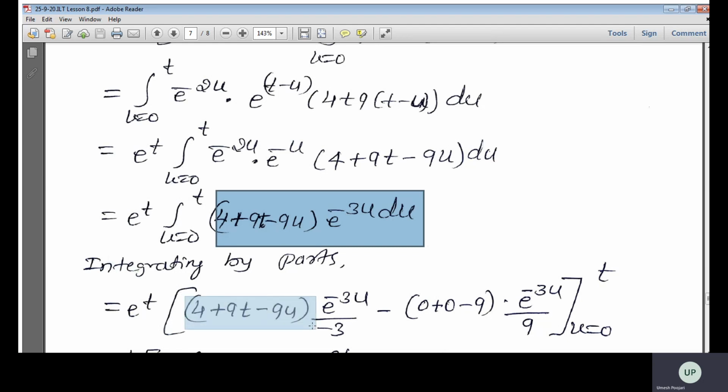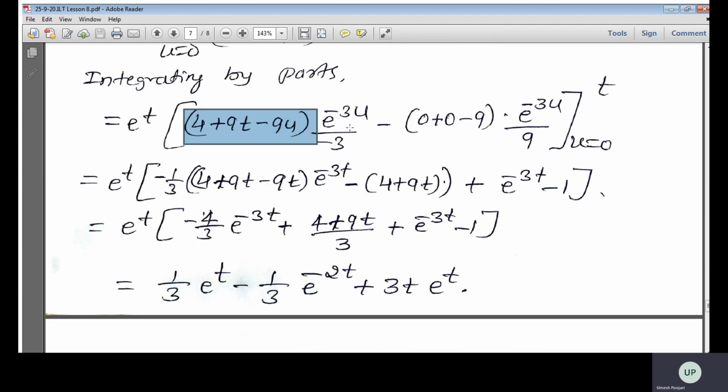So first function as it is, integration of second function is e raised to minus 3u by minus 3, minus derivative of first function with respect to u. Derivative of 4 plus 9t is 0. Derivative of minus 9u is minus 9 because u is variable here, into integration of e raised to minus 3u by minus 3, which is e raised to minus 3u by 9, where limit is from 0 to t.